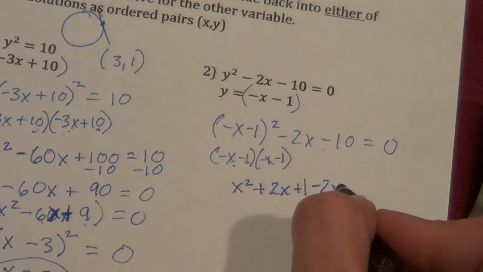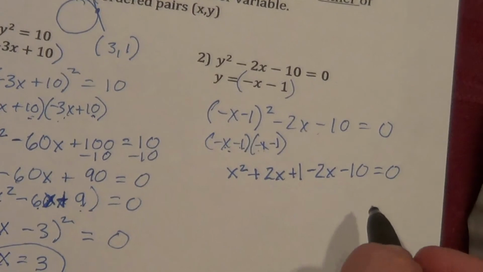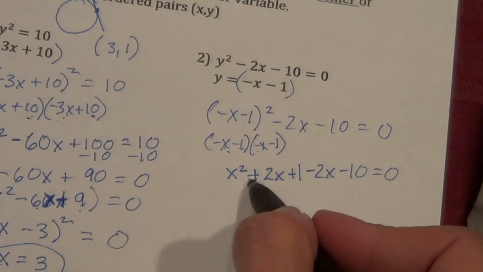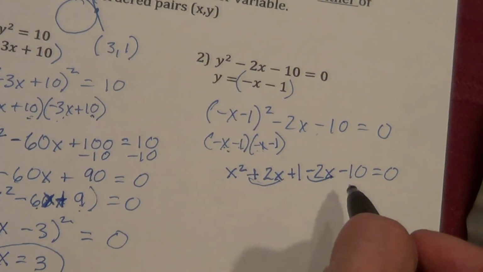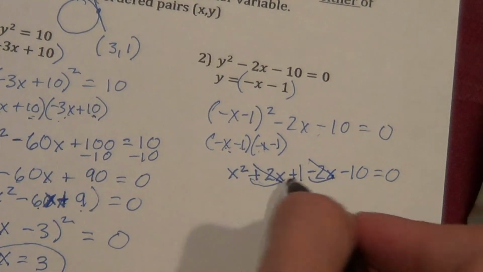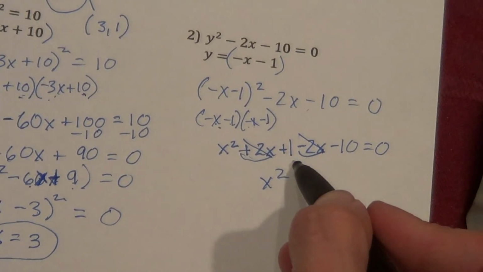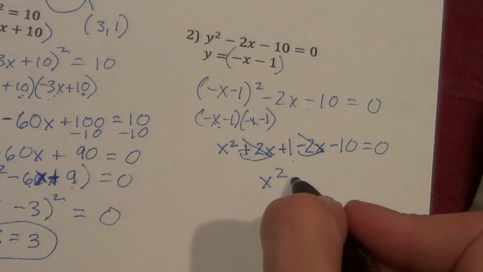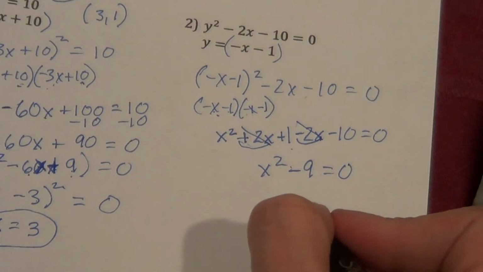Minus 2x minus 10 equals 0. Positive 2x and a negative 2x, those will cancel each other out, and we get x squared plus 1 minus 10, that would be a minus 9 equals 0.